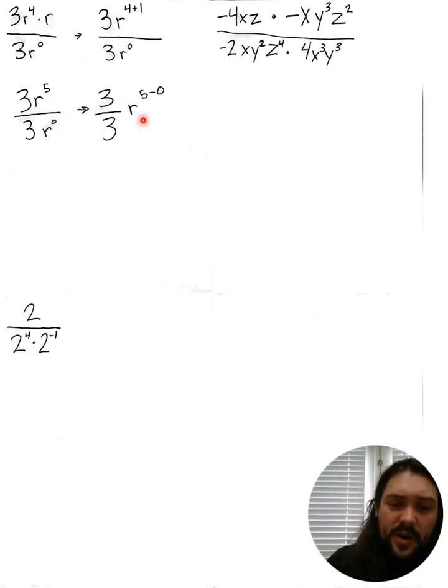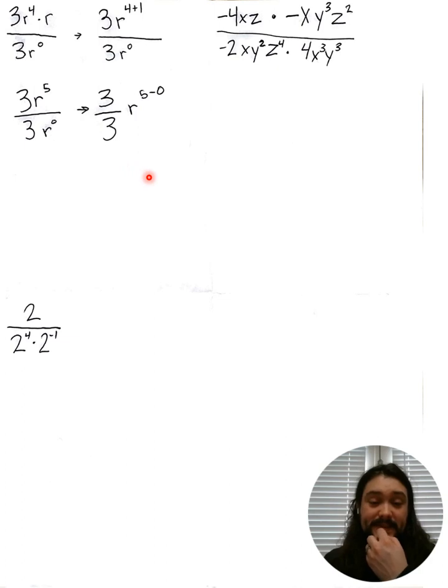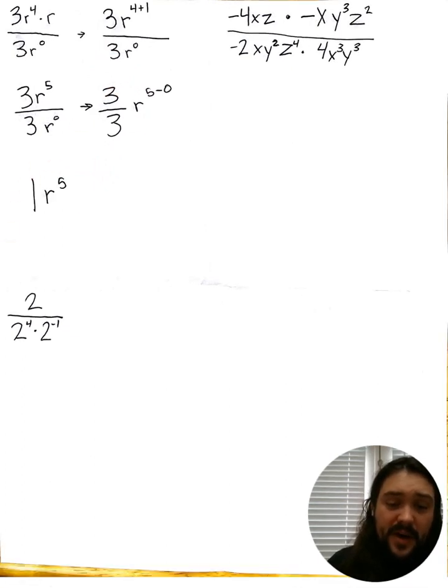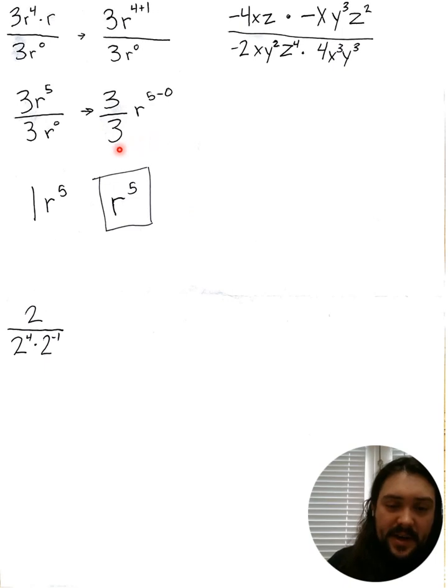And so we have r to the 5 minus r to the 0. So 5 minus 0 is just 5. 3 divided by 3 is just 1. We have 1 r to the 5. That 1 is kind of unnecessary, so we can just write it as r to the 5th power.